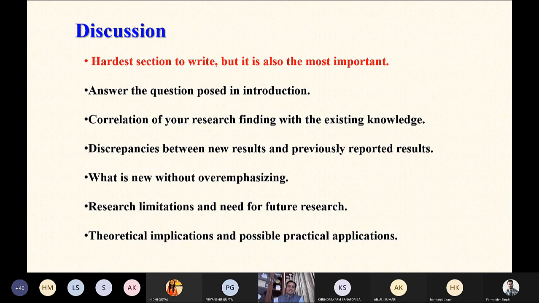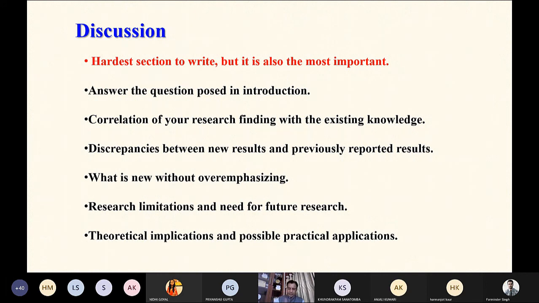So this is the hardest and most difficult part that researchers have to write, and they have to spend more time and put more effort into writing this discussion part of the paper.